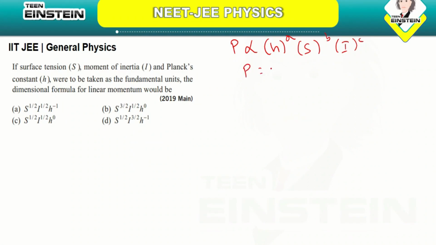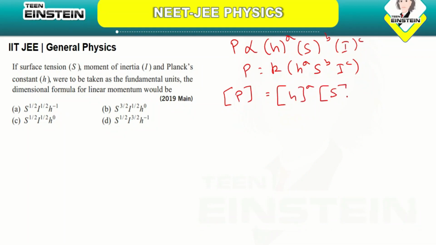So, P is equal to k into h power a, S power b and I power c, where k is a dimensionless proportionality constant. So, modulus of P is equal to h power a, S power b and I power c.